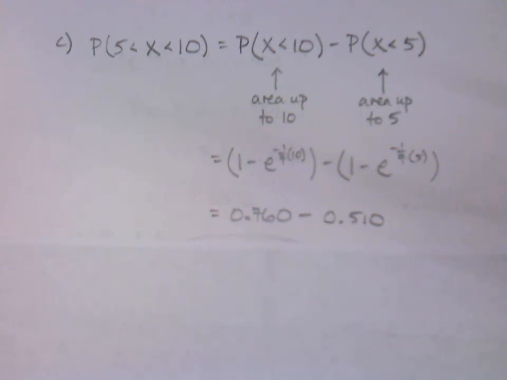It was that number there, 0.760. If I do this calculation, again, please follow along with me, 0.510. So my final answer is 0.250, the probability that a randomly chosen American falls asleep on average between 5 and 10 minutes, 0.250, 1/4 of the population, according to our data. And there's part C.